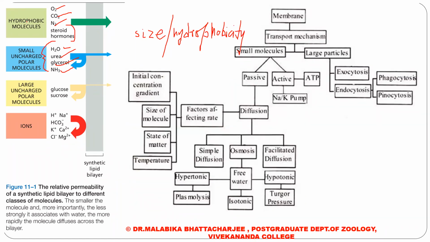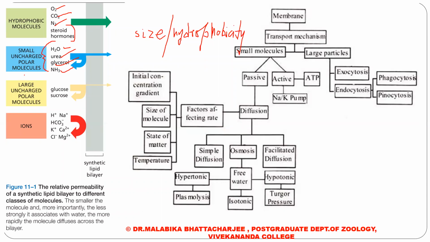So if you look into the first category, you see the small non-polar molecules such as oxygen and carbon dioxide can readily dissolve in the lipid bilayer and can diffuse rapidly. When we come to small uncharged polar molecules such as water or urea, they also diffuse across the bilayer, but much slower compared to this category.